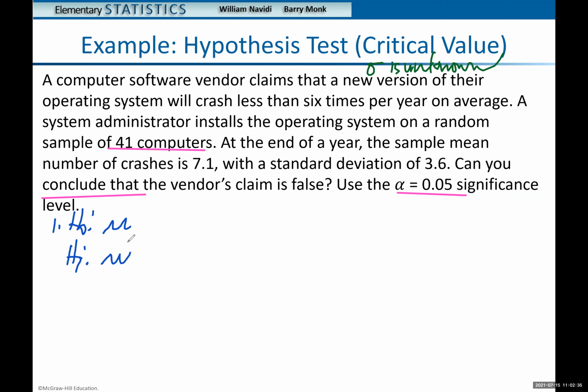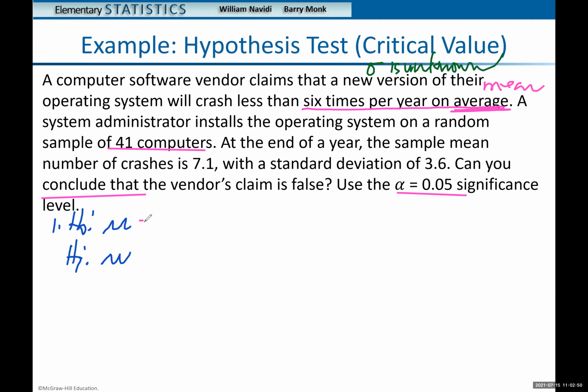What do we use here? 6. Yes, it says here 6 times per year on average. Average means this is the mean, so that's why we have to use mu.